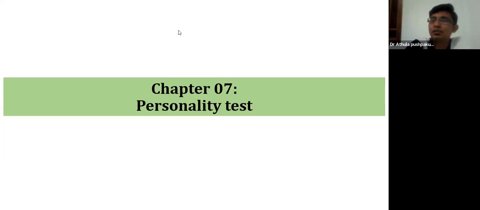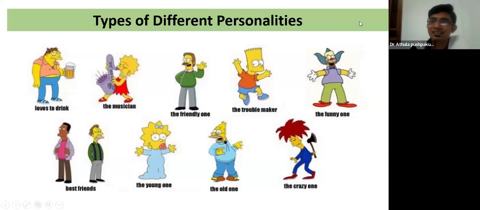Normally, persons differ from one another, and different types of persons can be identified. According to this picture, you can identify various personalities.